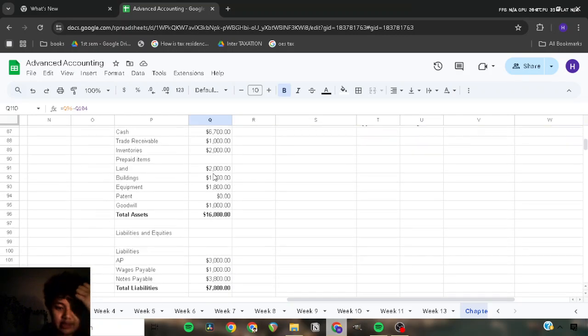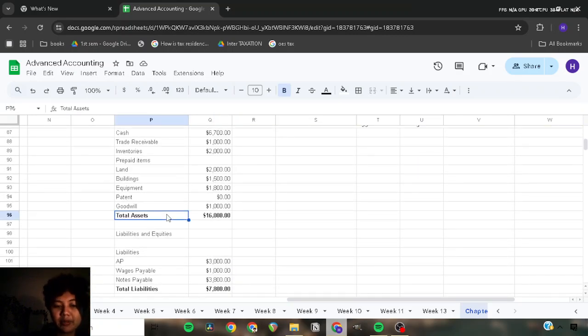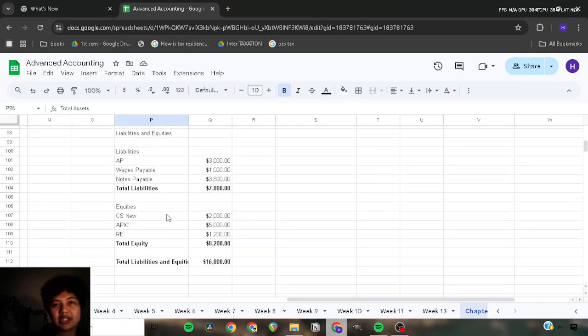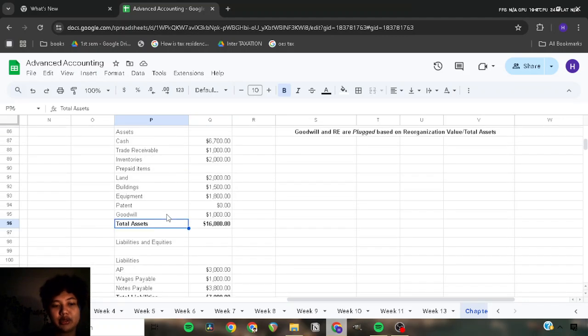And I plugged in the goodwill numbers as well as the retained earnings. Goodwill is there because, how do I explain this? You have your assets, right? But then you have your reorganization value. There must be some kind of goodwill. Yeah, basically goodwill.